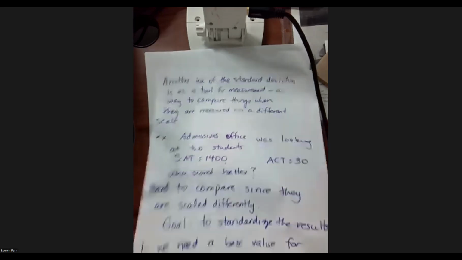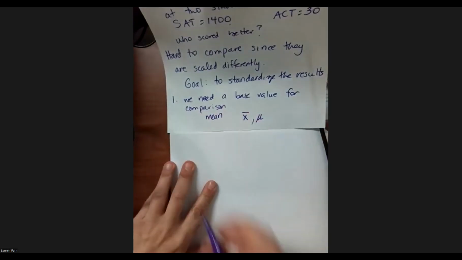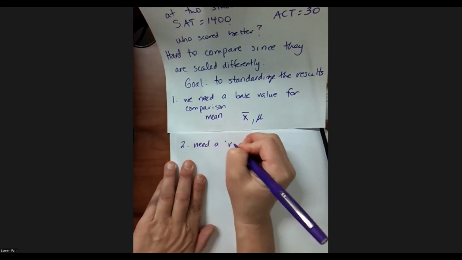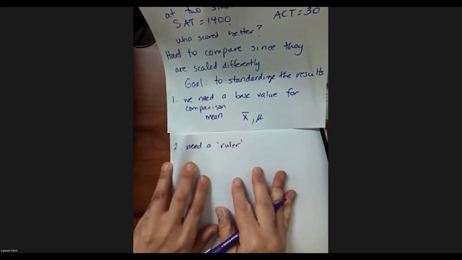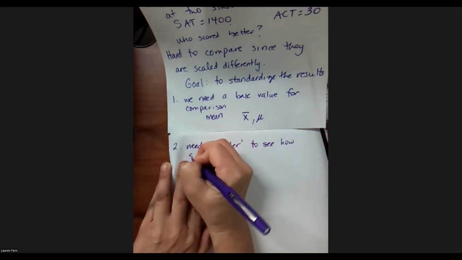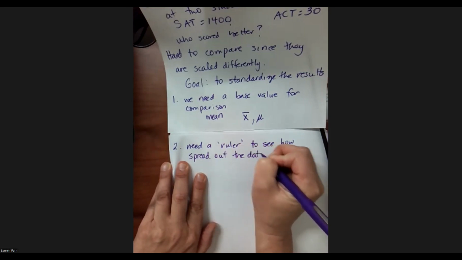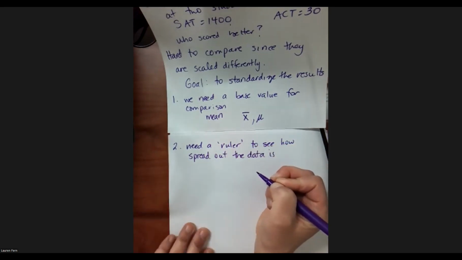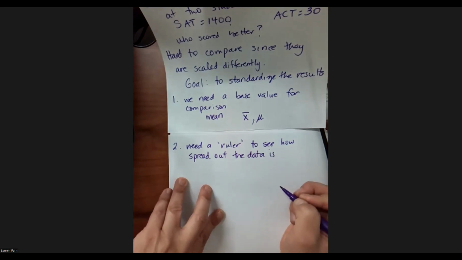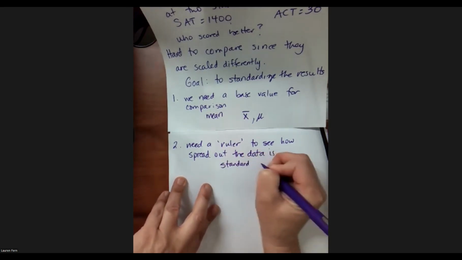Okay, so essentially, the next thing that we need is a ruler to see how spread out the data is. Do we have that? Yeah, that's what we were talking about in class yesterday. That's our standard deviation.